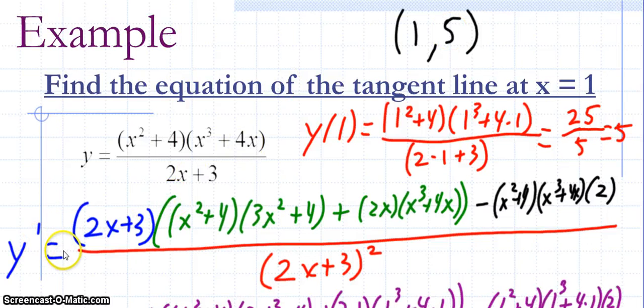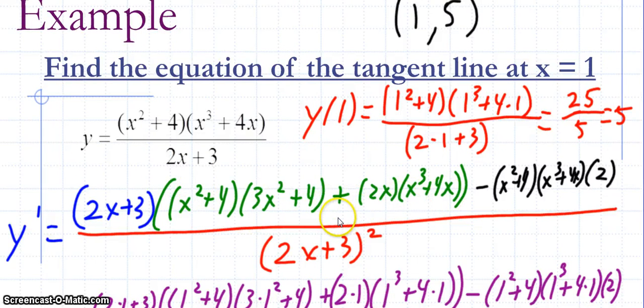Now I need to do the derivative. In order to do the derivative, I need to use the quotient and the product rule. So that's why I color-coded this nicely for you. I'm sure you love it. So, talk you through it. Bottom times the derivative of the top.